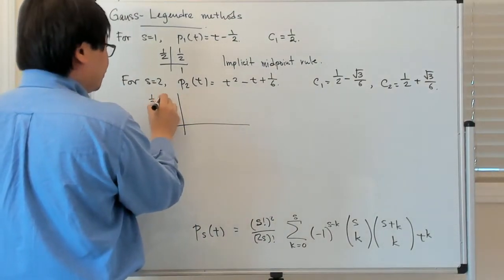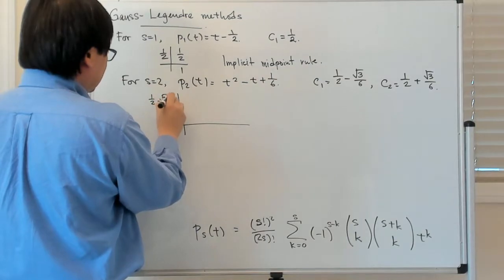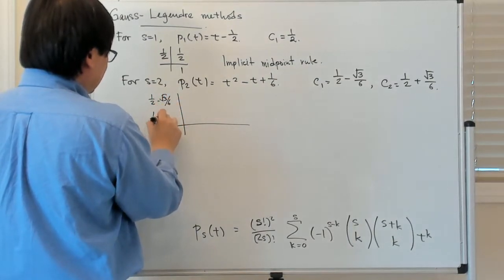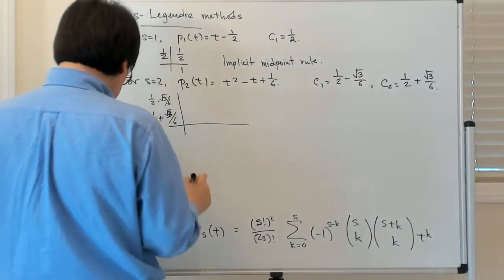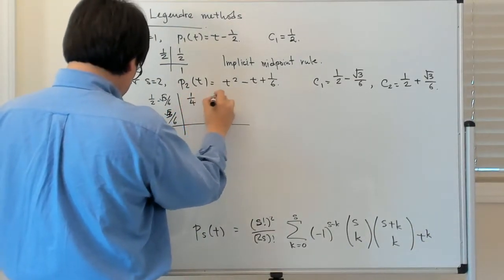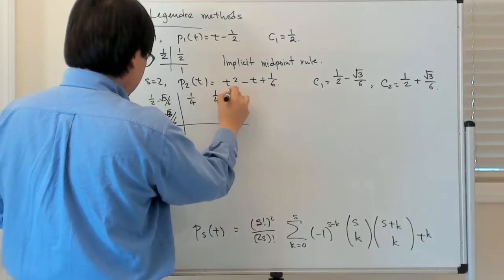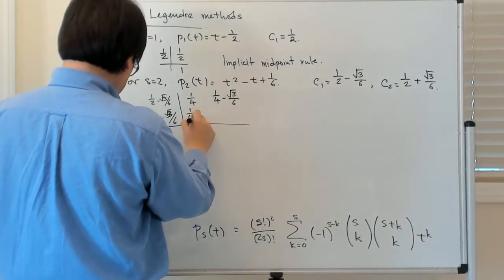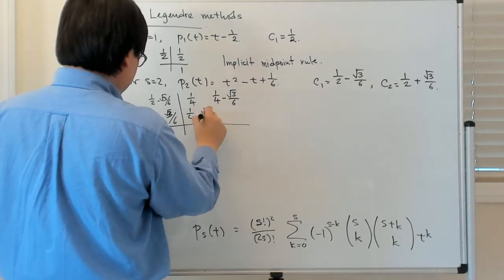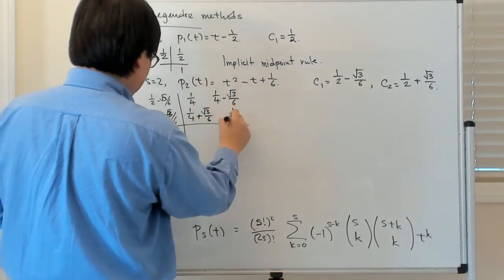There's a 1/2 minus root 3 over 6, and then 1/2 plus root 3 over 6. There's a 1/4 here, a 1/4 minus root 3 over 6, and then a 1/4 plus root 3 over 6, and then there's a 1/4 here.